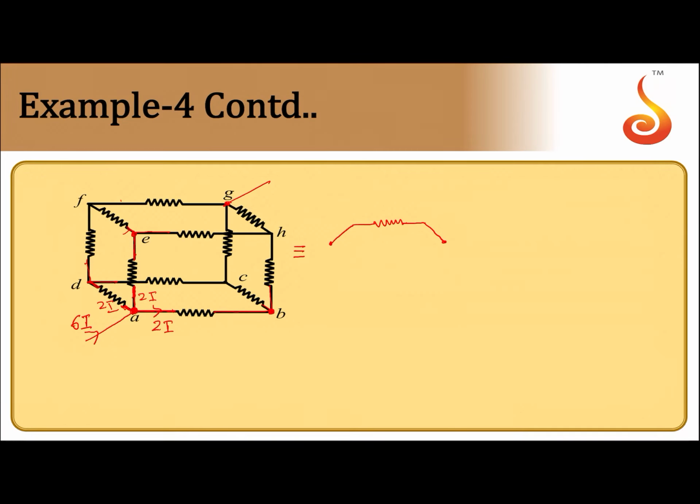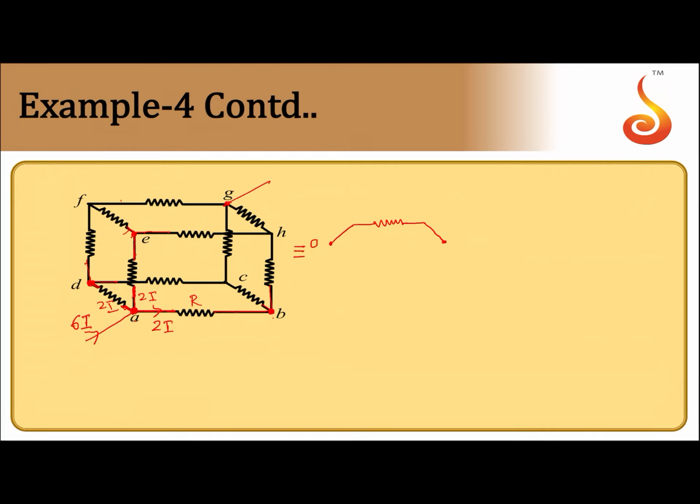The same work is done to reach E, the same work is done to reach D, because between A and D, between A and E, and between A and B, there is the same resistance R. So, the work done will be the same. So, the points D, E and B must all be at the same potential.